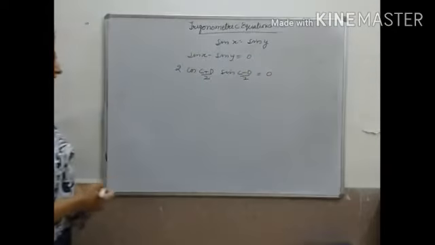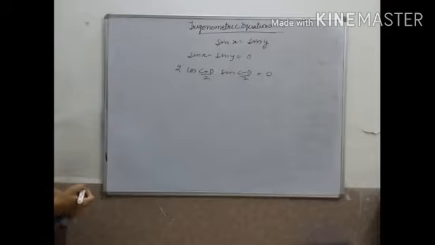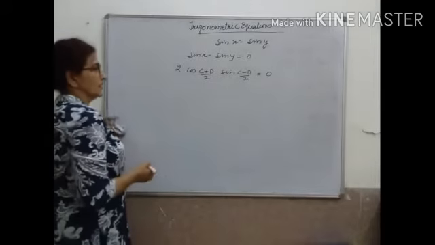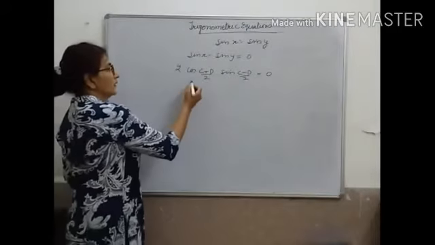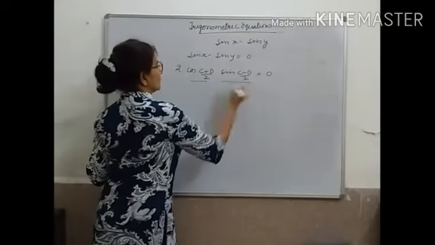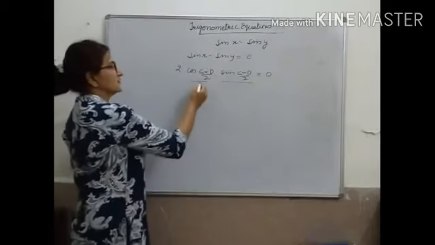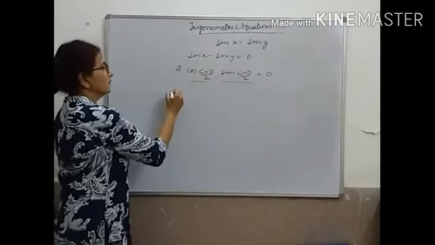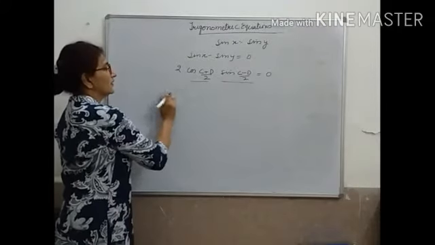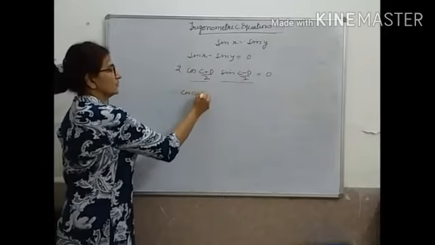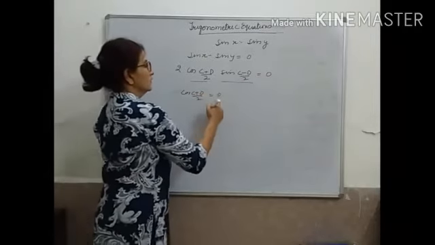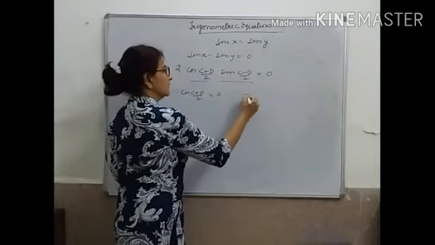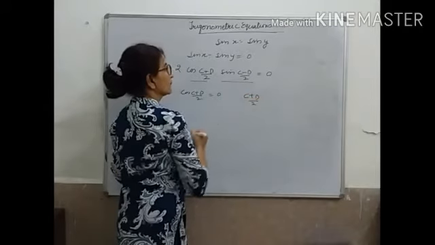Is that okay? Have I written the correct formula, or do you have cos in both places? No, it's correct. Now, the product of two terms is 0, which means either this is 0 or this is 0. When this is 0, 2 cannot be 0. So when cos of (C plus D) by 2 is 0, you know what the value is.